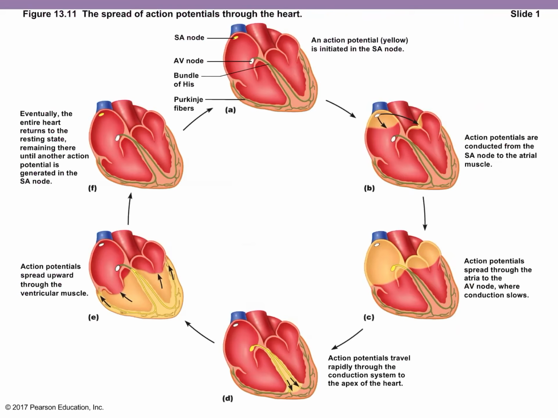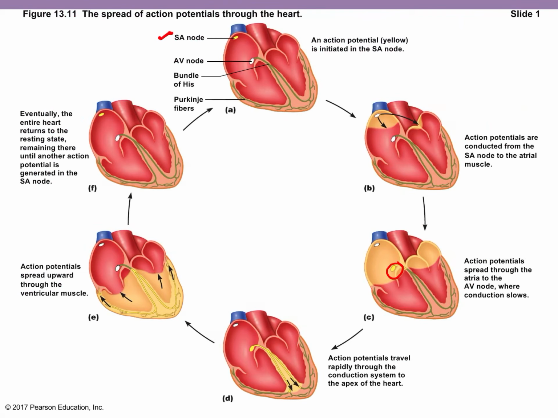All right, so this is just another look at the action potentials as they spread through the heart. We have our action potential in yellow. First our SA node fires. Action potentials are conducted from the SA node to the atrial muscle. The action potential spreads through the atria to the AV node, where the conduction slows.